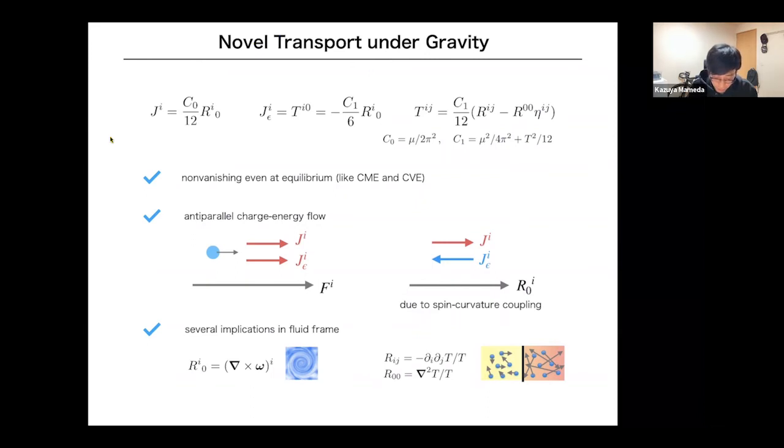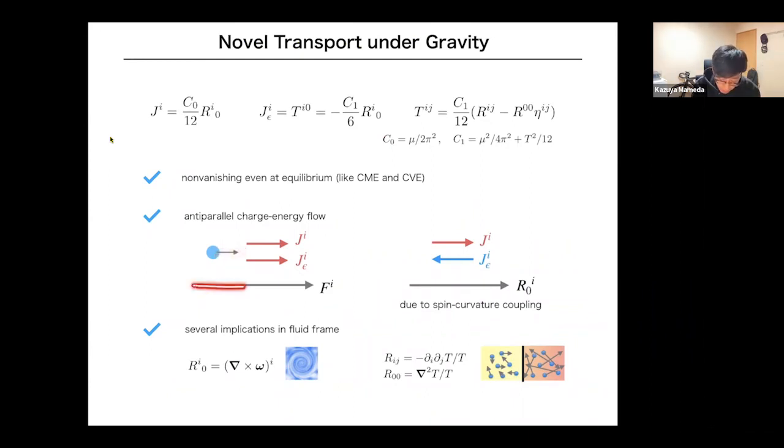And another interesting point is the direction of the energy current and charge current. So this J is a charge current, and this J epsilon is the energy current. In the usual case, as I talked about in the very first slide, transport phenomena is a result of the external force acting on the particle.